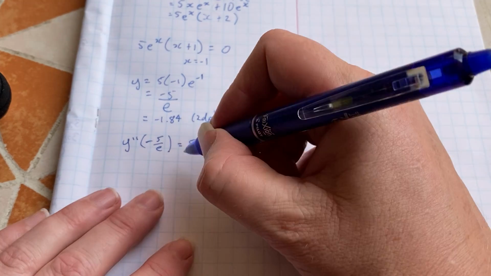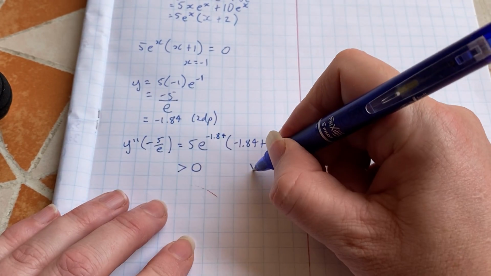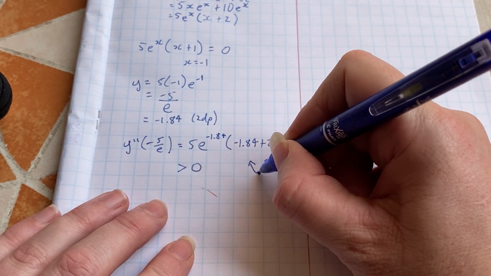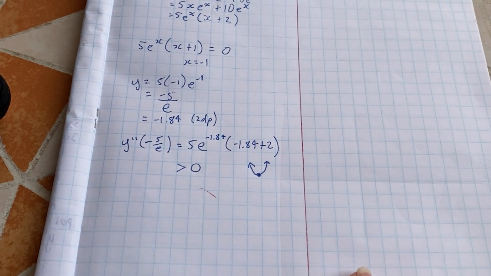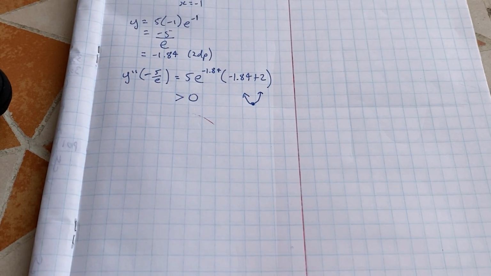And what you're going to get there is a positive number. Okay, so it's a minimum. Okay, so we've found our stationary point.